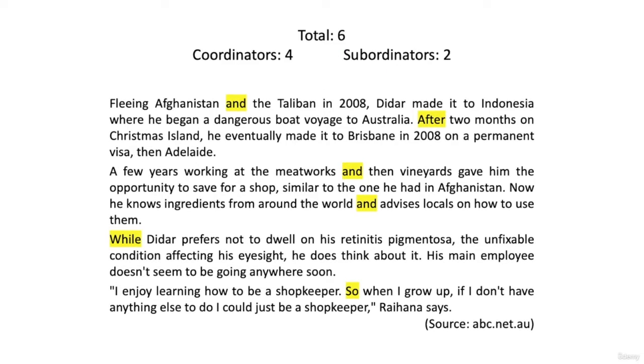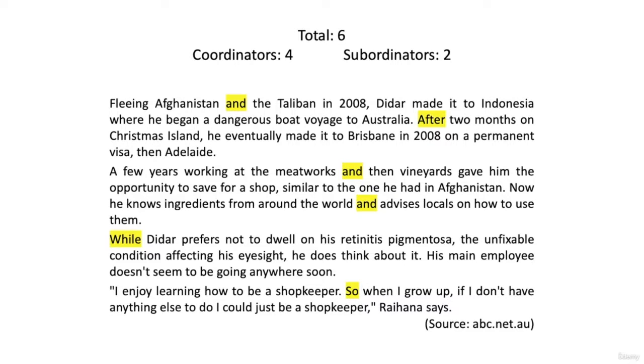In this text, we have a total of 6 conjunctions, 4 coordinators, and, so, and 2 subordinators, after, while. Notice how after and while are at the beginning of a sentence.